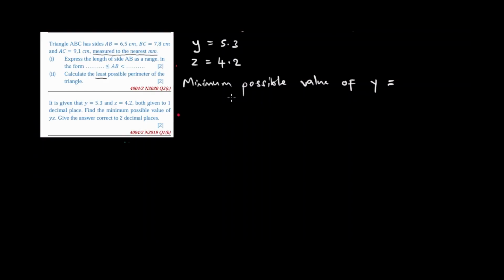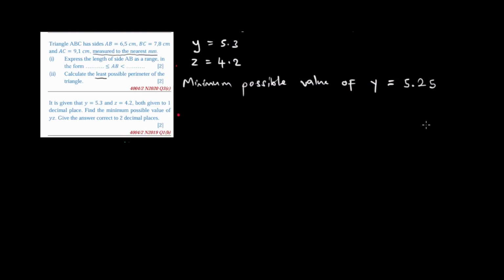So what is the lowest possible number yekuti tikaiexpressa to 1 decimal place inotipa 5.3. The lowest number, the minimum number yekuti tikaiexpressa to 1 decimal place inotipa 5.3. So the lowest number panapa, it's actually going to be 5.25.